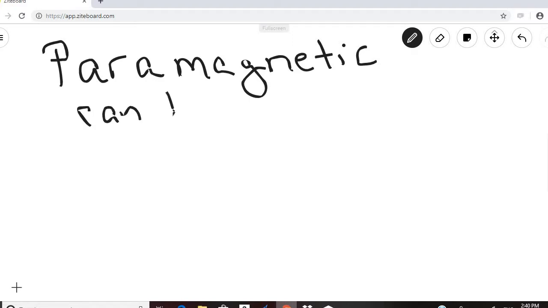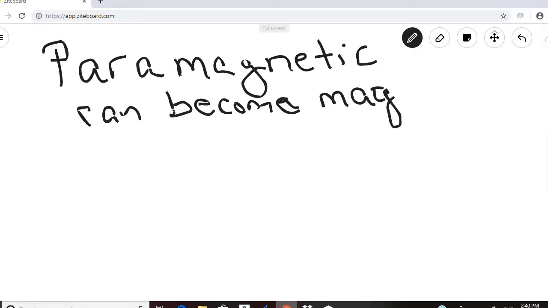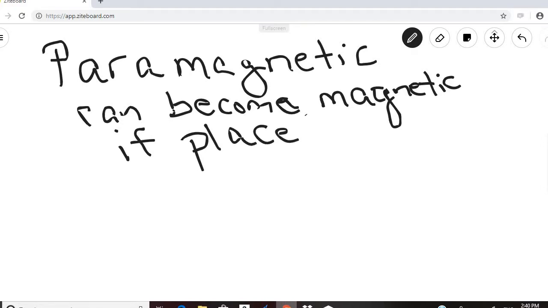Okay, they can become magnetic if placed in a magnetic field.